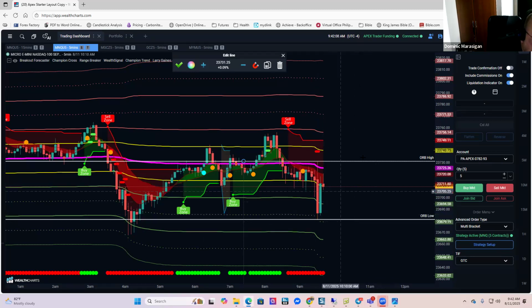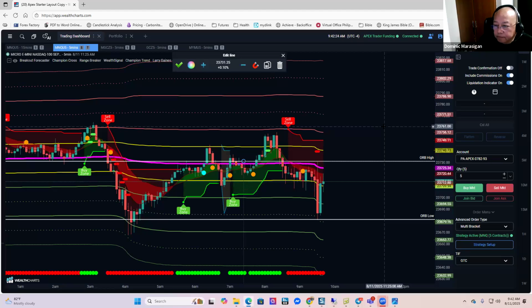So when we have the ORB strategy here, meaning opening range breakout, that's the high here. This is the low. So now we're contemplating between up and down. We want to see a break. That's what you want to see. Again, I don't really trade.